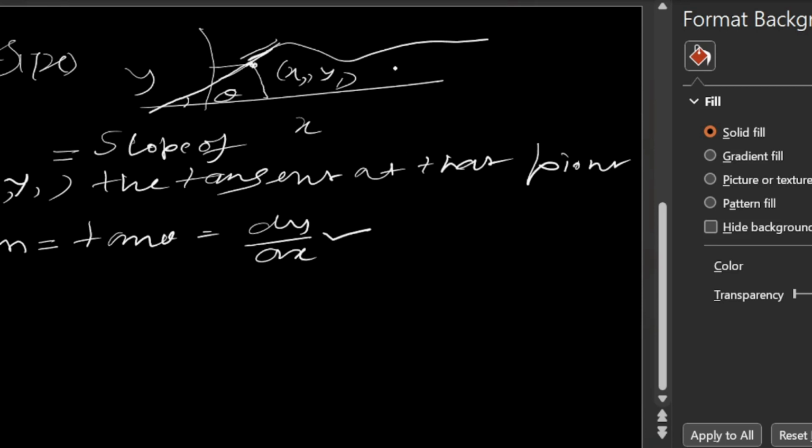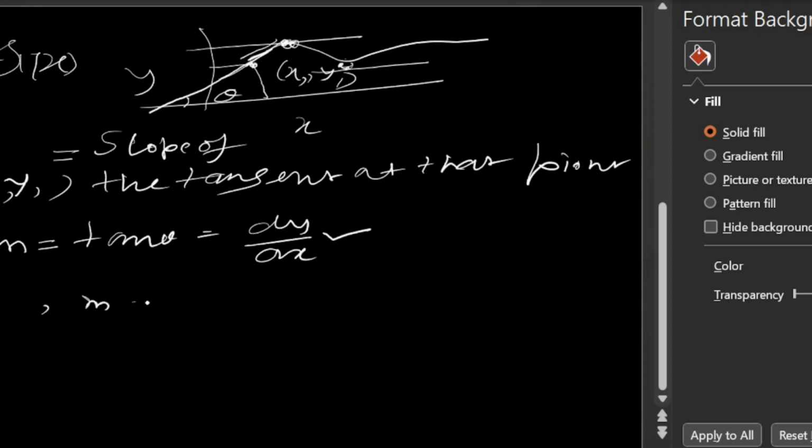So if you observe closely, there are several points of maxima and minima of this graph. If you find the derivative at the point of maxima or minima, we will get 0, because here the tangent will be parallel to the x-axis, and in this case theta is 0.